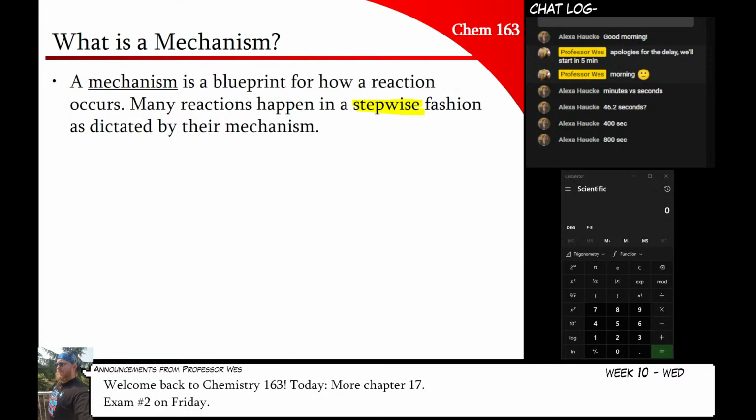Now, when I say simple as possible, what I mean is that if I have a reaction that does this, do you think that my reaction is going to involve all 5 of these entities coming together at once?